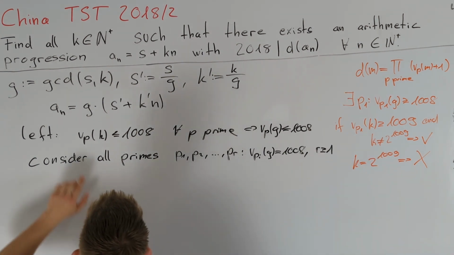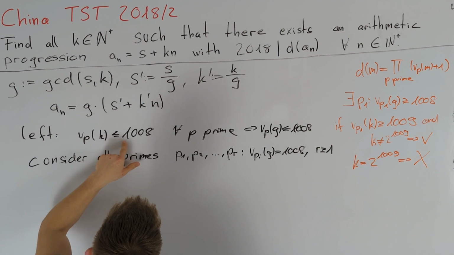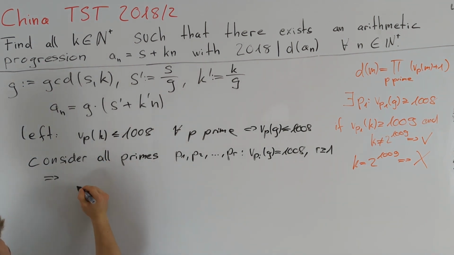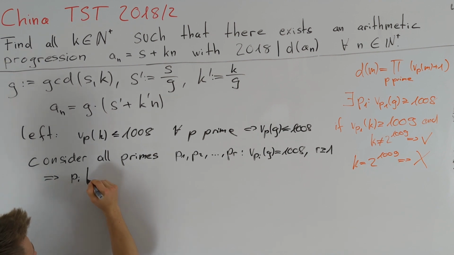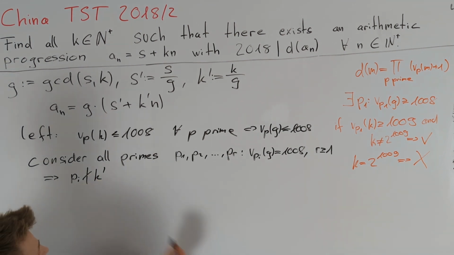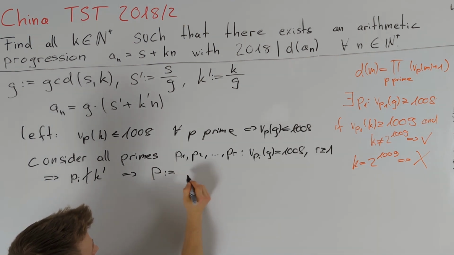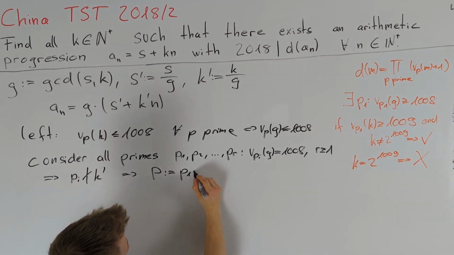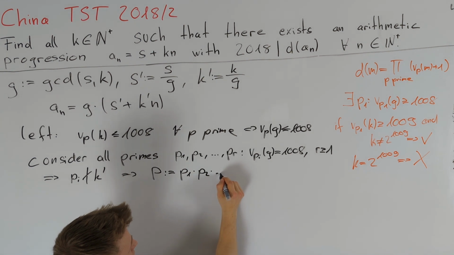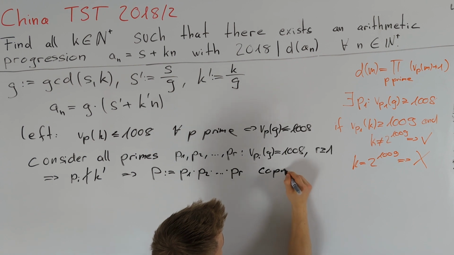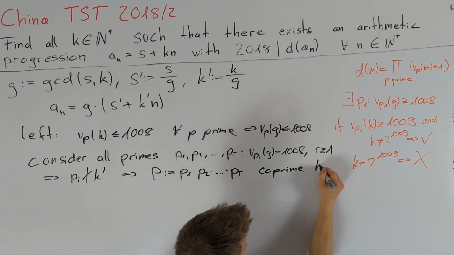From the fact that ν_p(k) is less than or equal to 1008, this directly implies that pi does not divide k prime. In other words, if I define capital P to be the product of all these prime numbers p1, p2 up to pr, we know that this capital P is co-prime to k prime.